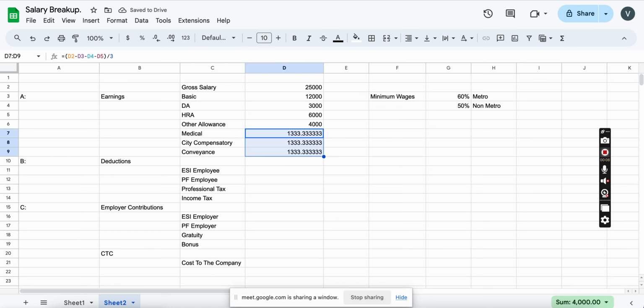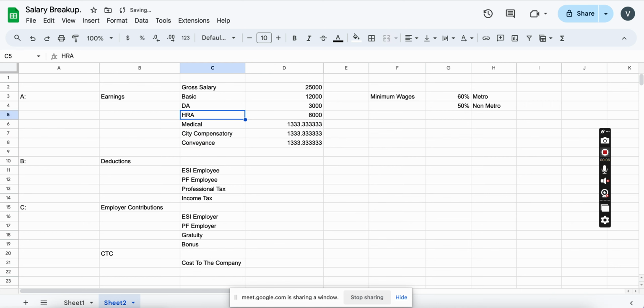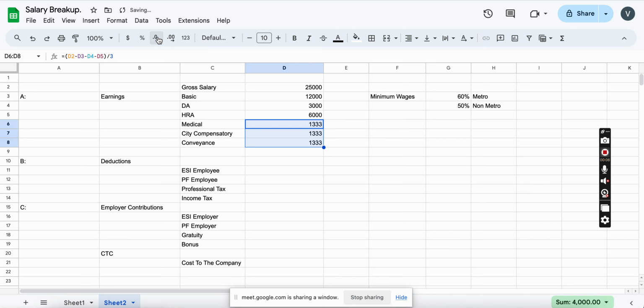So see, altogether it will come 4,000 only. Then in that case, they'll not mention other allowance. They'll mention like this. Okay. So basic, DA, HRA, medical, city compensatory, and conveyance. Understood. Got it. So this is how the earning section is now over. That's how this is all calculated.